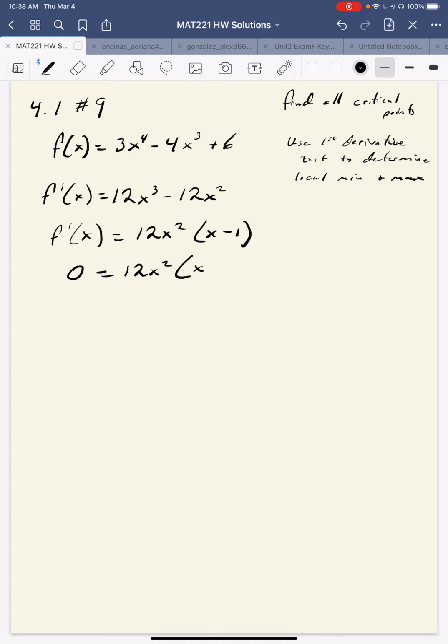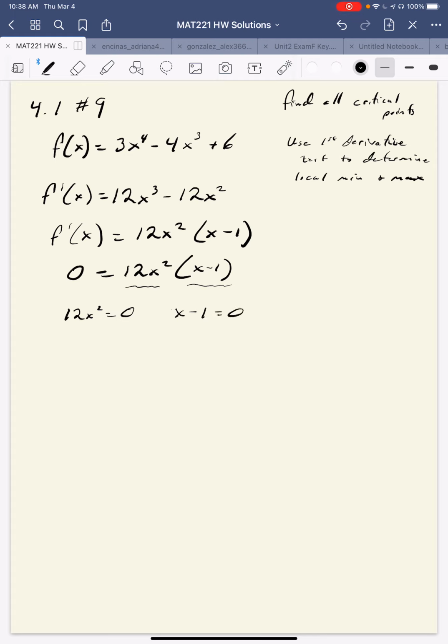Now that this is in its factored form, I can say this derivative will be equal to 0 when either the first term is equal to 0, or when the second term is equal to 0. In other words, 12x squared equals 0, and that would also happen when x minus 1 equals 0.